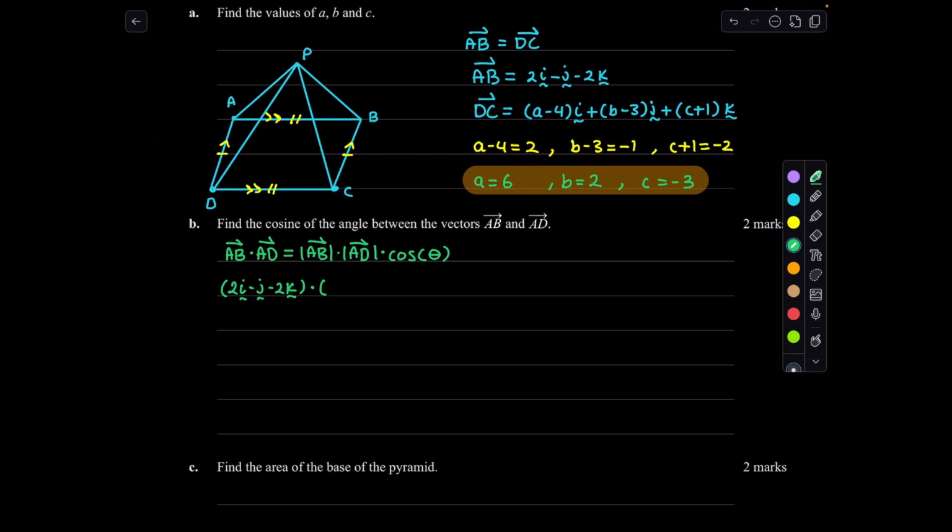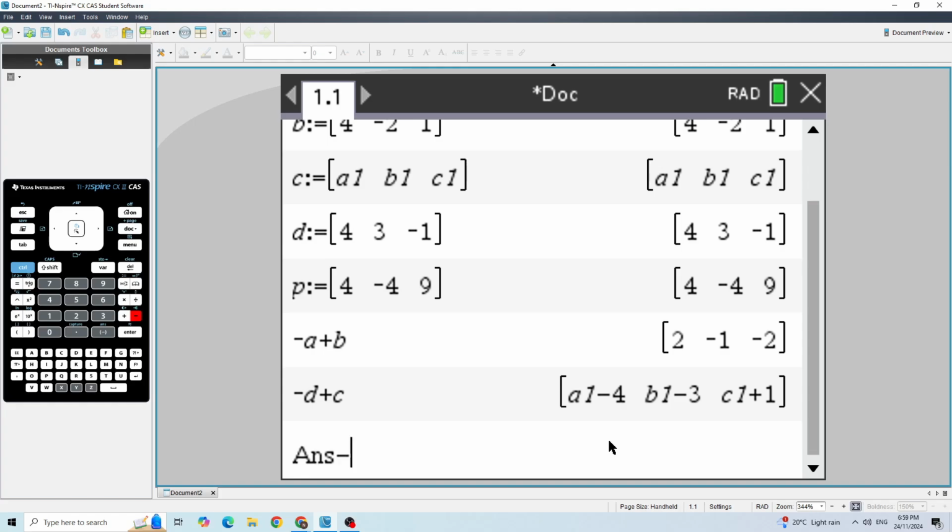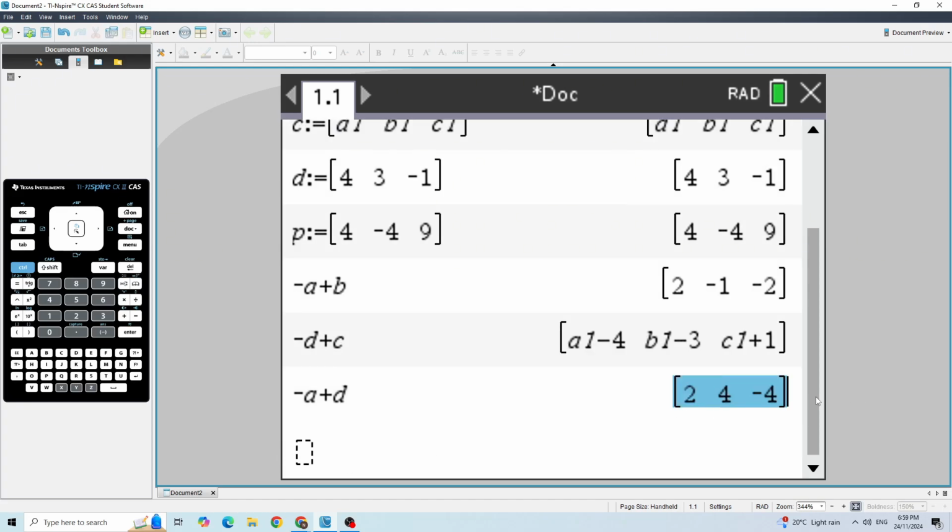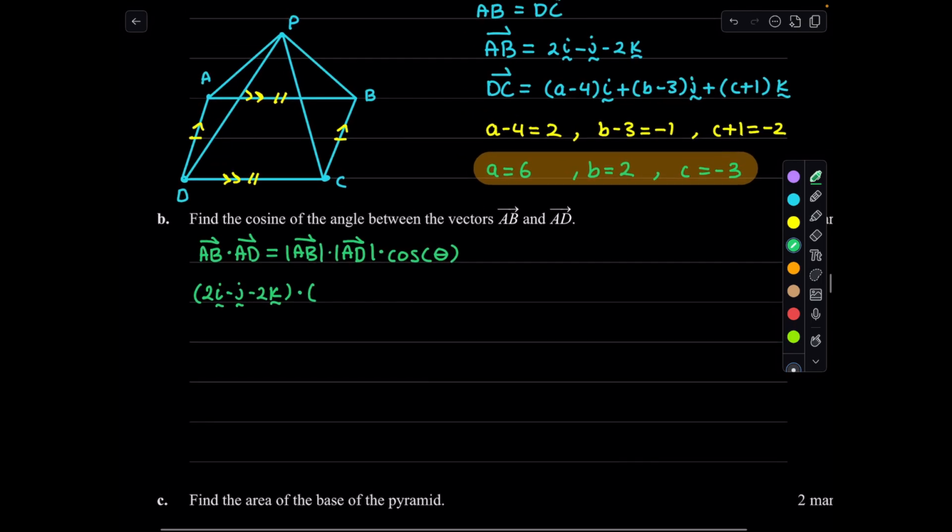Remember, AD is just negative A plus D. Enter. This is AD. So let's write that down. Times 2i plus 4j minus 4k. Is equal to, of course, the magnitudes of those vectors.